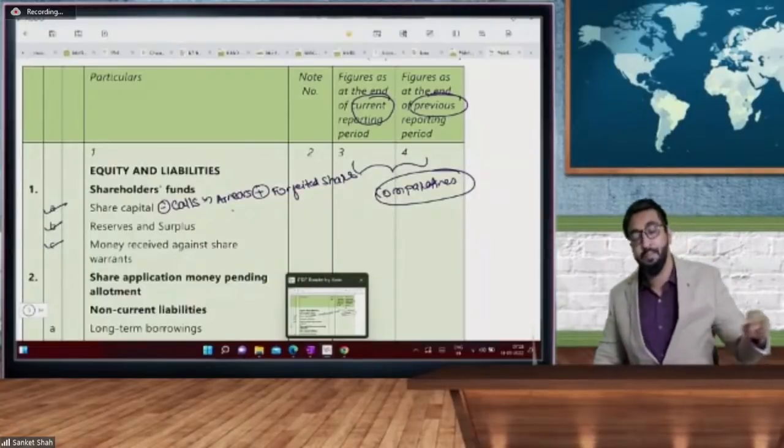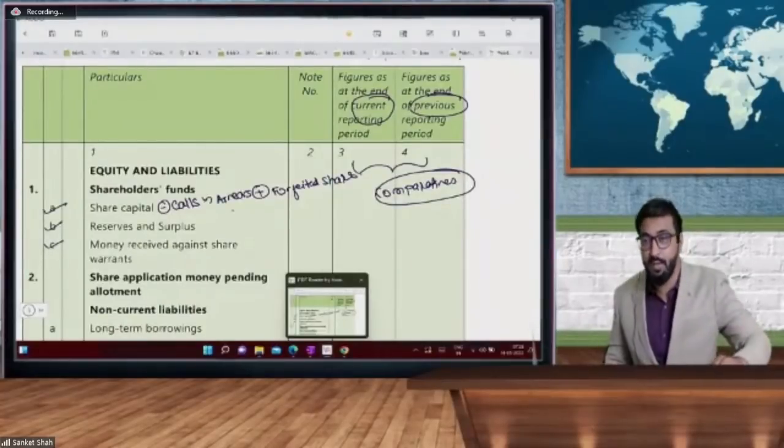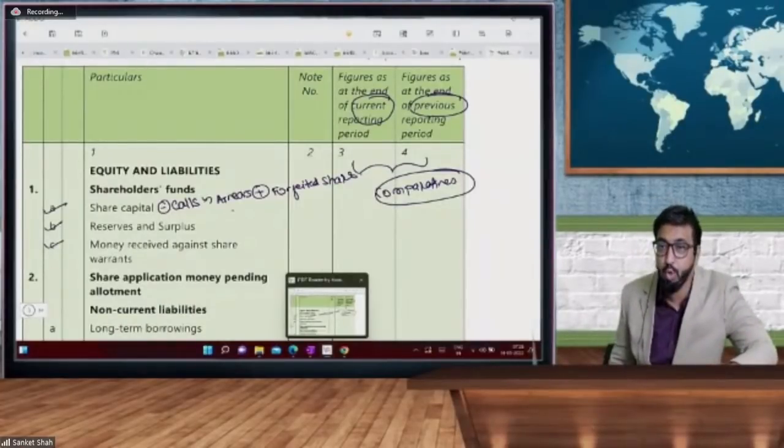See beta, a company is more transparent as compared to a sole proprietor and partnership. In case of sole proprietor and partnership, users are very limited, and normally they are owners. You are not interested in watching the balance sheet of a partnership firm, but you are interested in the balance sheet of Reliance company. So maximum transparency you can check in a company.